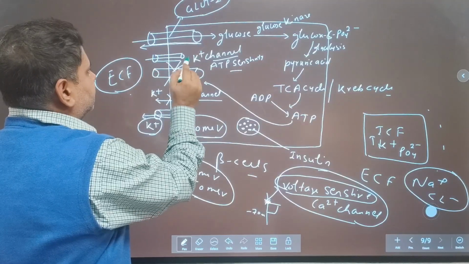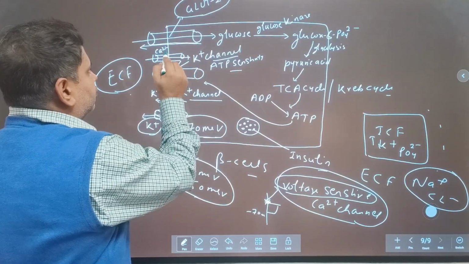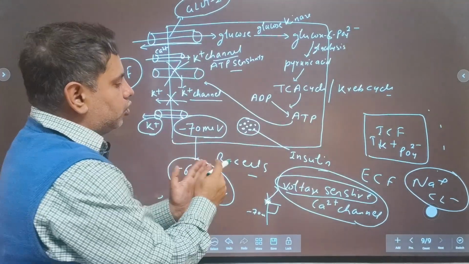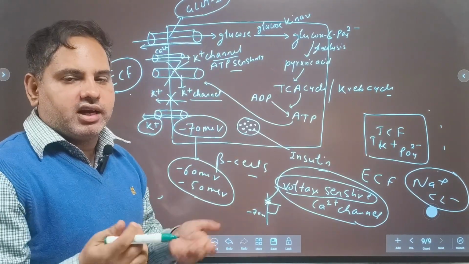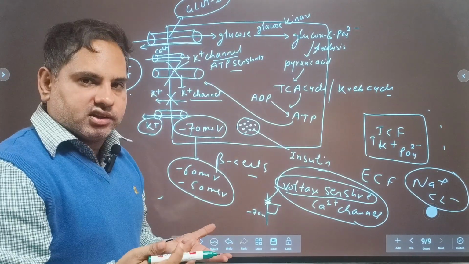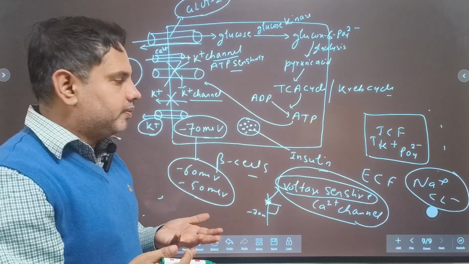So when your calcium is entering inside the cells, what will happen? Your membrane potential will go towards the positive side, and it results in a phenomenon that we have many times discussed, the depolarization. It will depolarize the membrane.